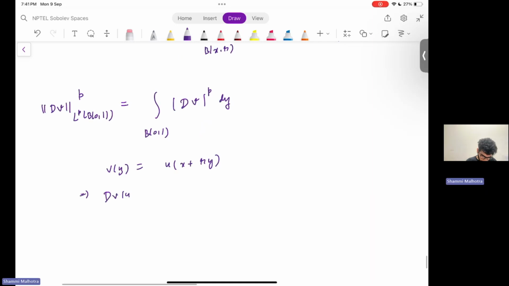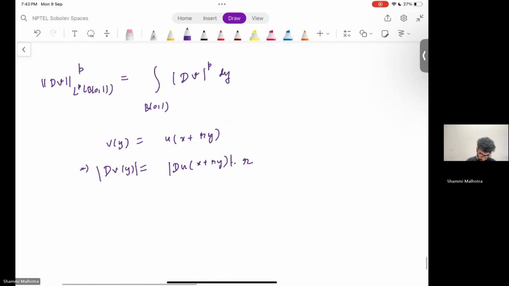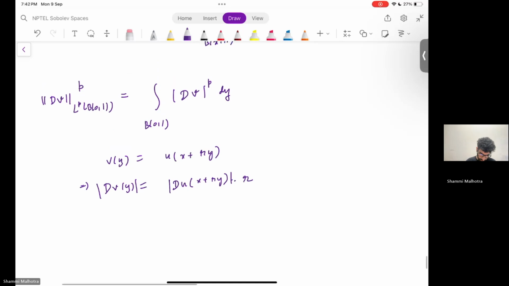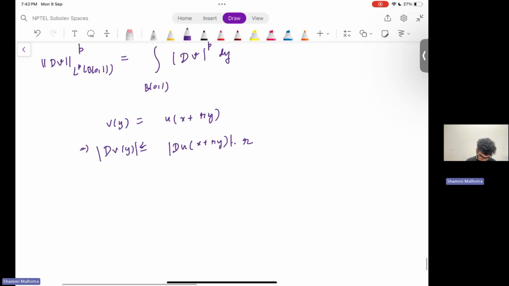This implies that Dv(y) is nothing but Du(x plus ry) times r. So the modulus will be less than or equal to r times this thing.